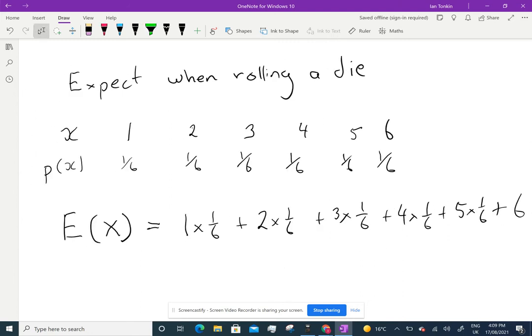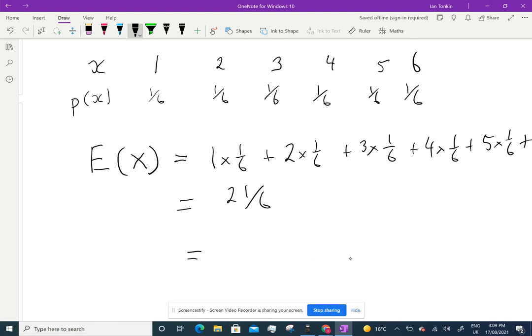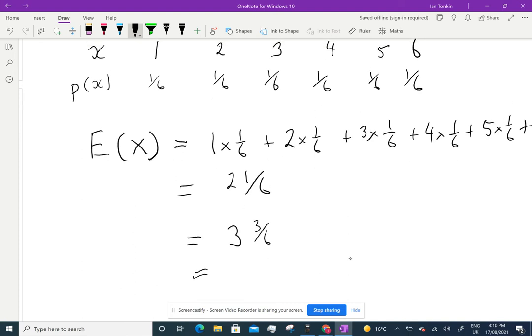So if I add them all up, that becomes 21 on 6, which is 3 and 3 on 6, or 3.5. So when you roll a die, you expect to get 3.5.